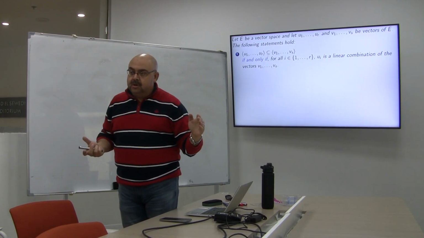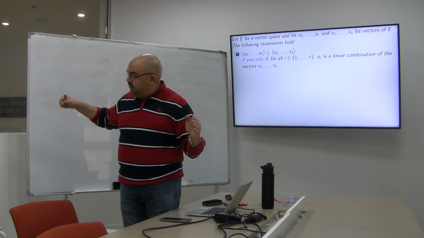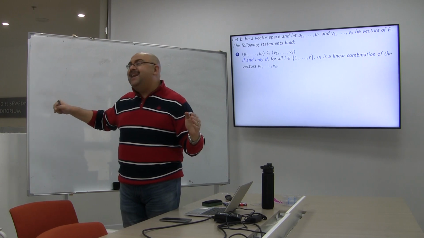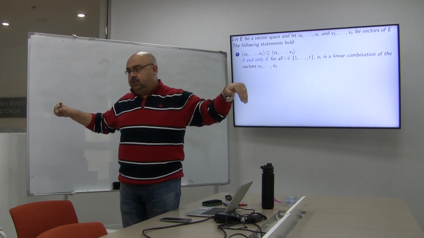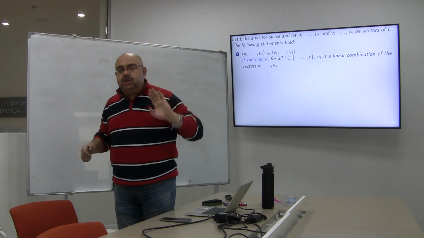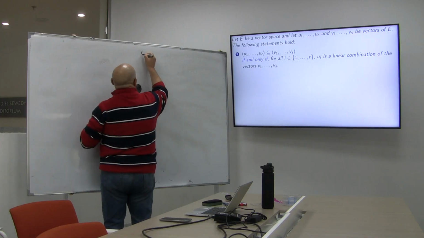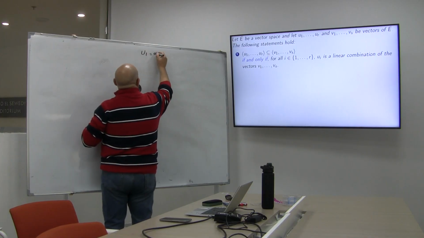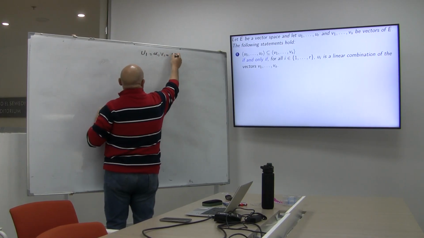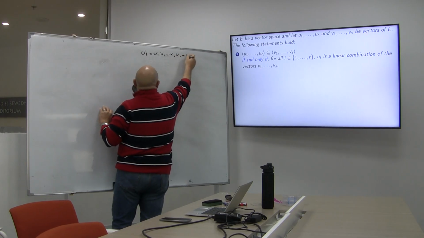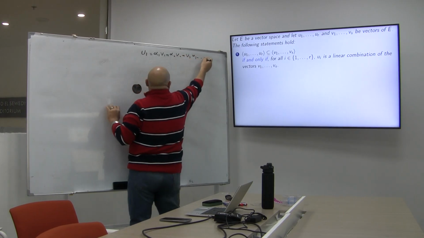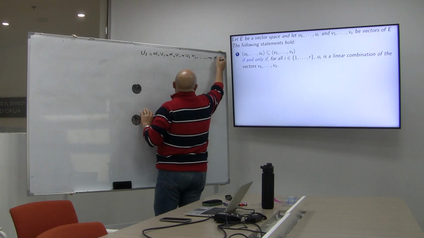What's the condition? If each one of these vectors is a linear combination of those vectors. What's the linear combination? The linear combination means that U1 is equal to alpha 1 V1 plus alpha 2 V2 plus alpha 3 V3 and so on, plus alpha s times Vs.